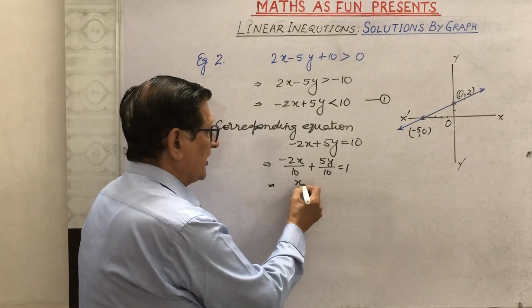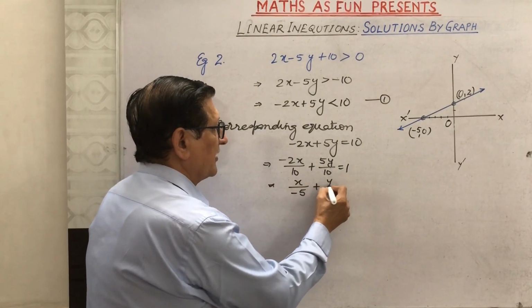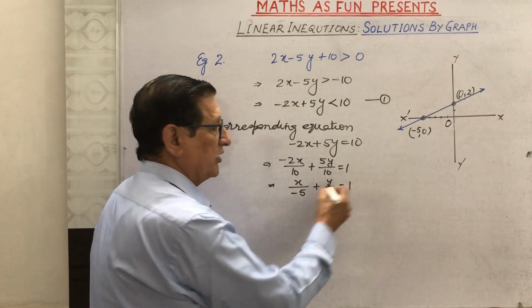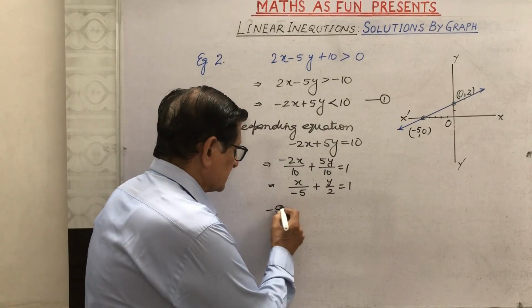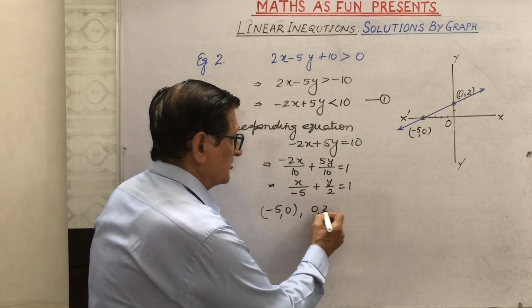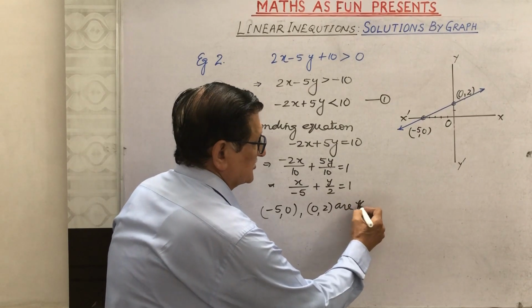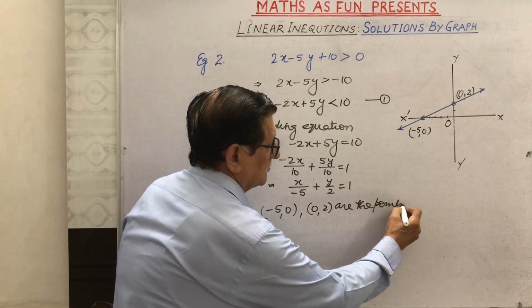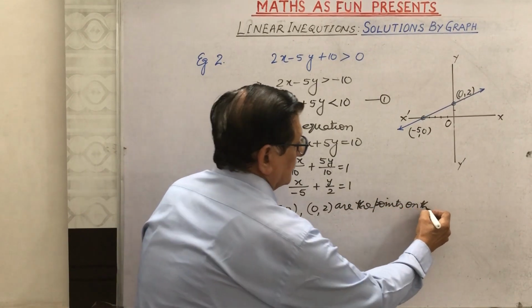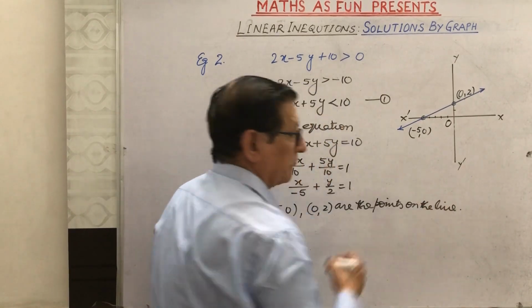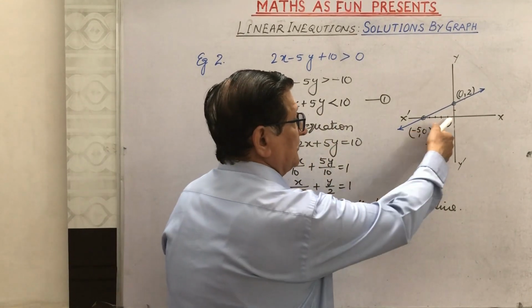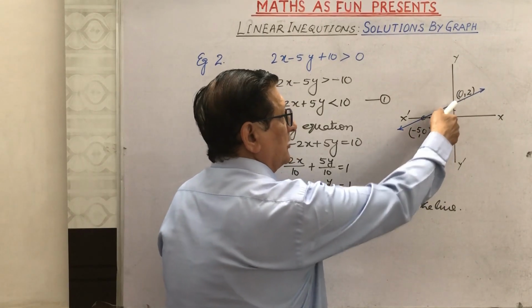This gives us x upon minus 5 plus y upon 2 equal to 1. It means (minus 5, 0) and (0, 2) are the points on the line. We plot these points (minus 5, 0) and (0, 2).